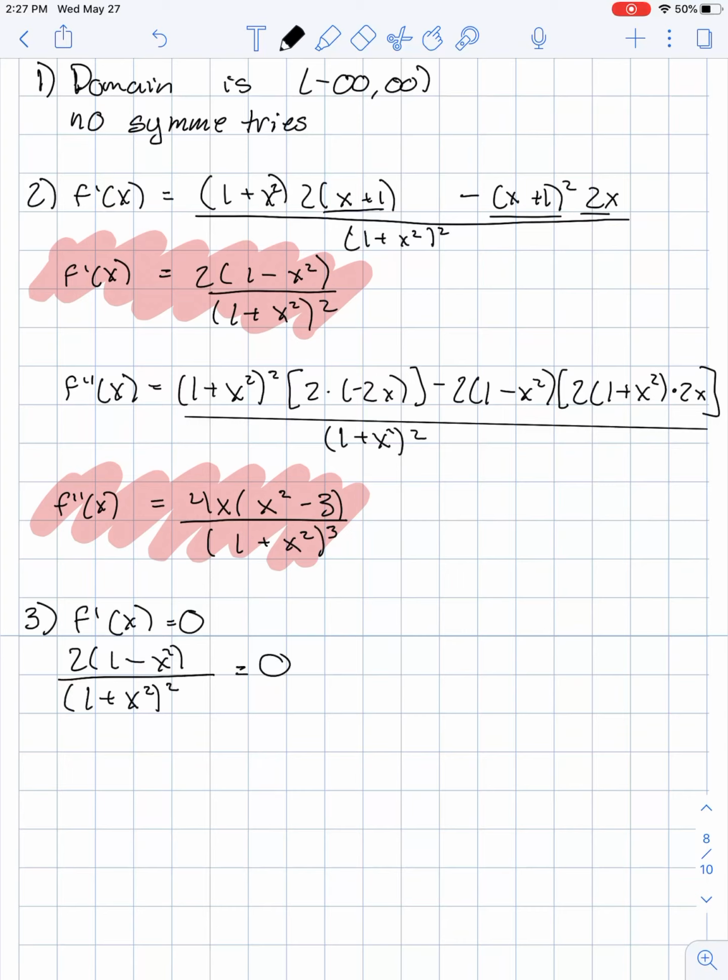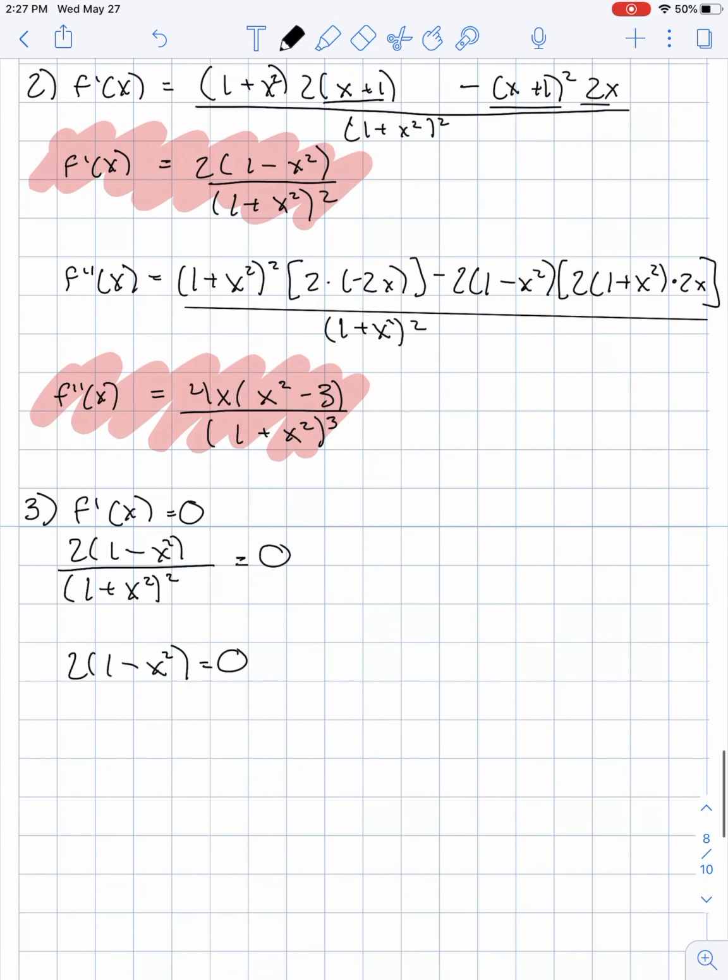That really means we're only going to look at where 1 minus x squared is equal to 0. So divide each side by 2, and we'll get 1 minus x squared equals 0, x squared equal to 1, and that gives us x equal to plus or minus 1. And then we can look at where the denominator equals 0 because that's where we're undefined.